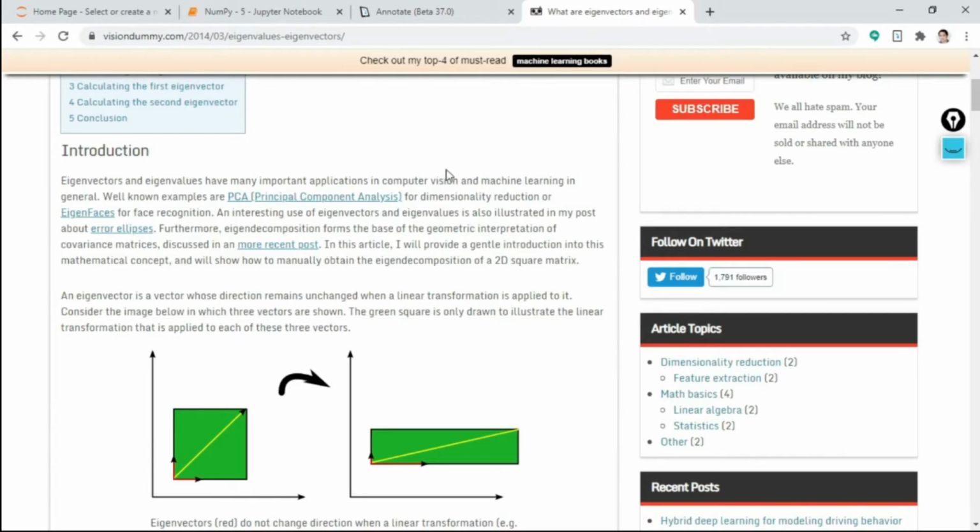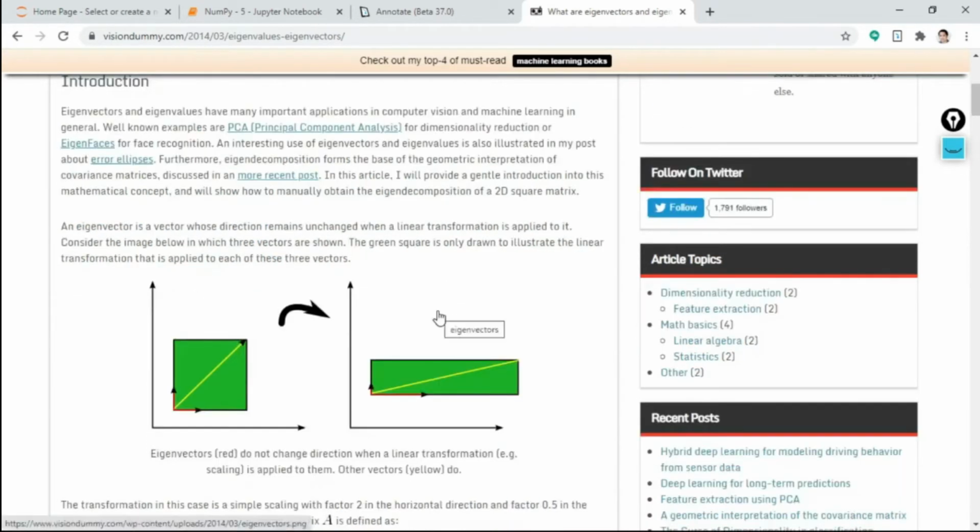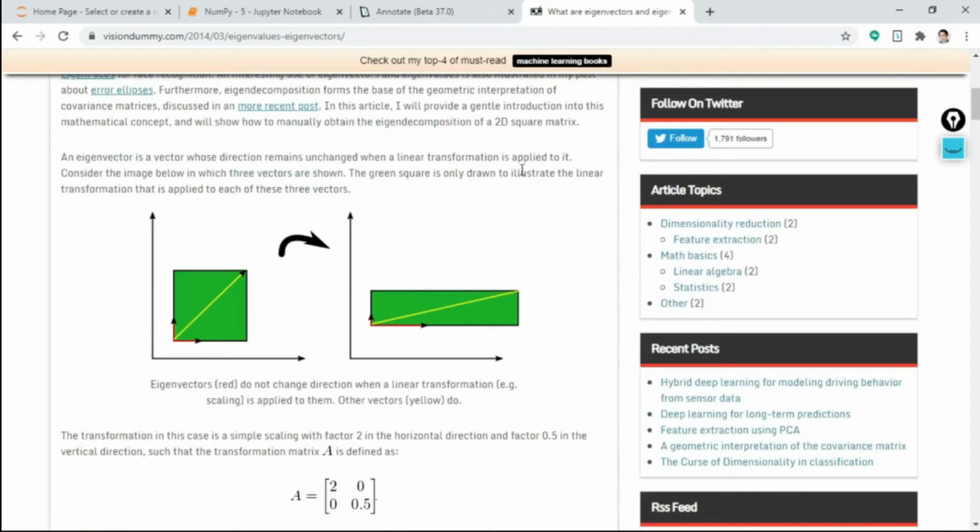Okay. So in summary, an eigenvector is a vector whose direction remains unchanged when a linear transformation is applied to it. If you look at the graph, the red arrow denotes the eigenvector. So if a transformation is applied, look at the yellow line.